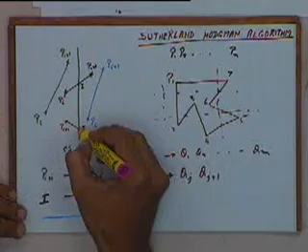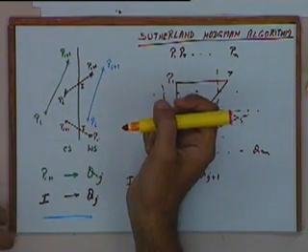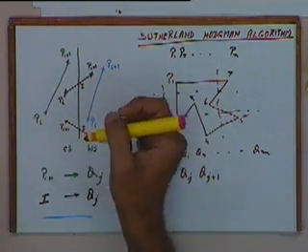Any questions with respect to this Sutherland-Hodgman algorithm? In all these clipping algorithms, one very important thing is finding out this intersection point. It seems to be a very trivial exercise.